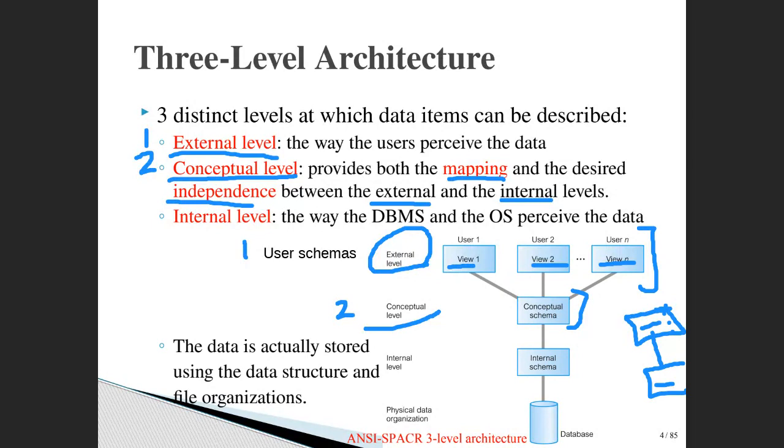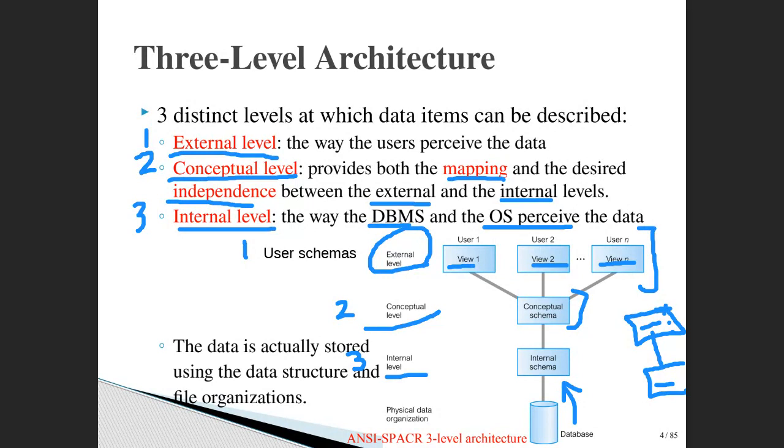Okay, talking about the third level or internal level, it's the way that the database management system and operating system perceive the data. Okay, see the difference? So here we are talking about physical schema, and the internal level, it's the way that the operating system or the database will be perceiving the data.